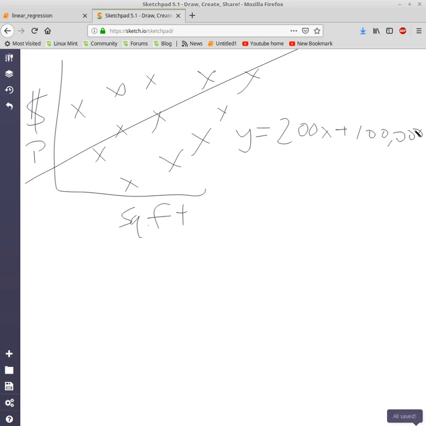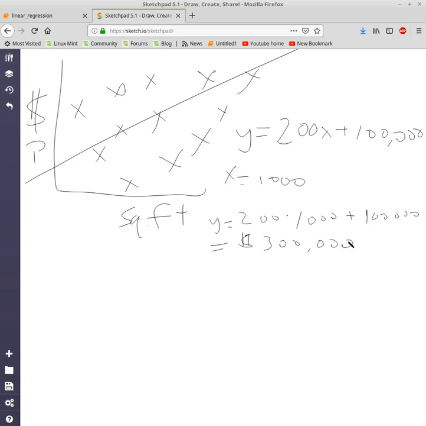For example, if square footage x is equal to 1,000, then y equals 200 times 1,000 plus 100,000, which equals 300,000 dollars for this house.